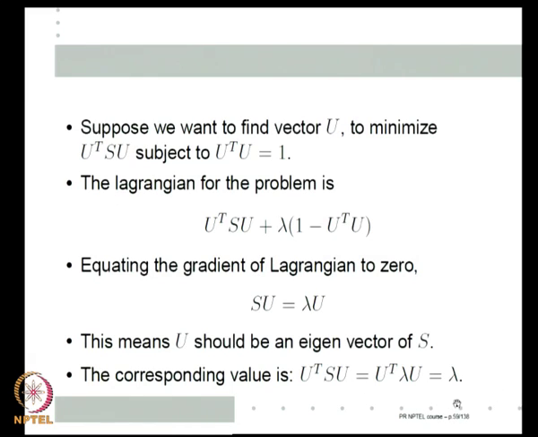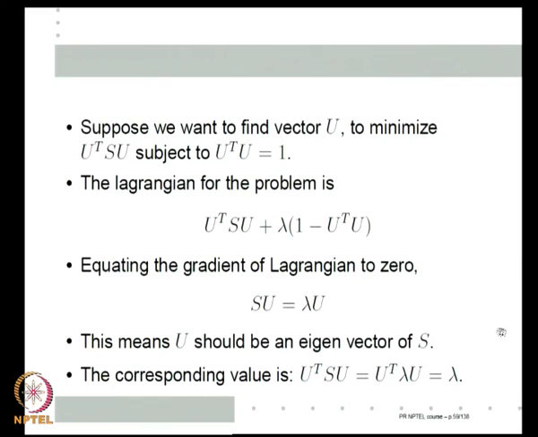So, that is lambda, right. So, u has to be an eigenvector corresponding to some eigenvalue lambda, and the actual value of u transpose S u is nothing but lambda.